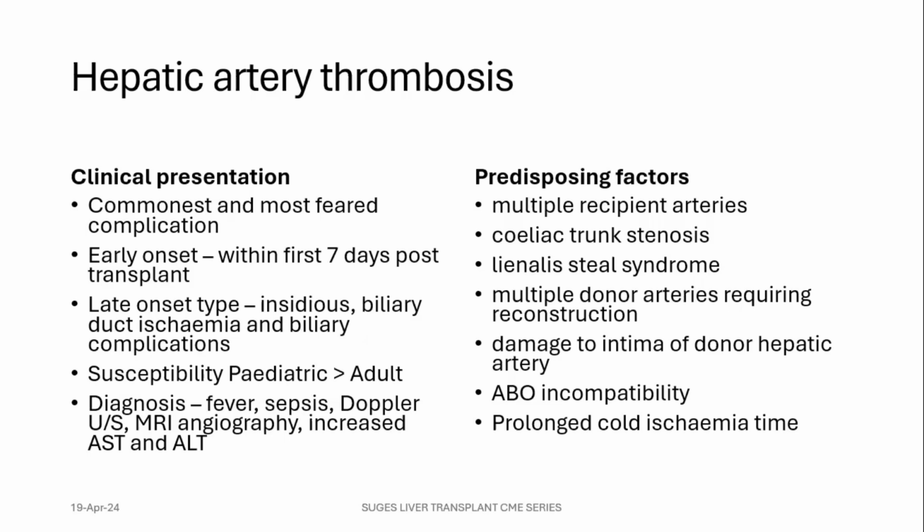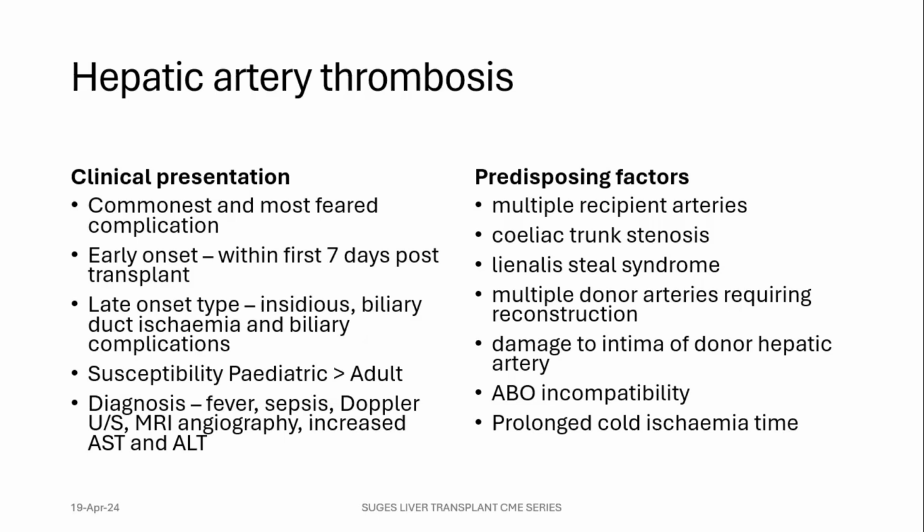That means you do a thrombectomy before you transplant that donor liver into the recipient. In the process of doing a thrombectomy, you may cause damage to the intima, and that then predisposes that particular hepatic artery to forming a thrombus. Again, ABO incompatibility will cause thrombosis, and then also prolonged cold ischemia time.